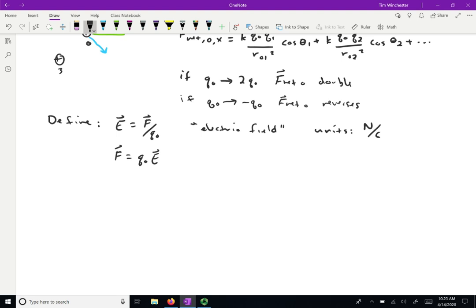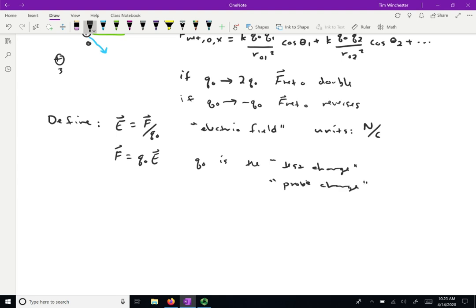Okay. All right, so I told you that we're treating Q0 a little bit differently. So there's a name for the distinction between Q0 and all the other charges. So Q0 is the test charge. That's a pretty common name for it. But you might think of it also as something of a probe of the electric field.